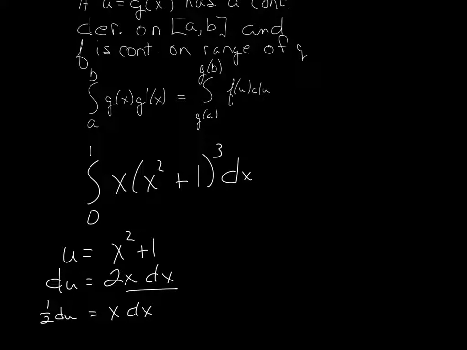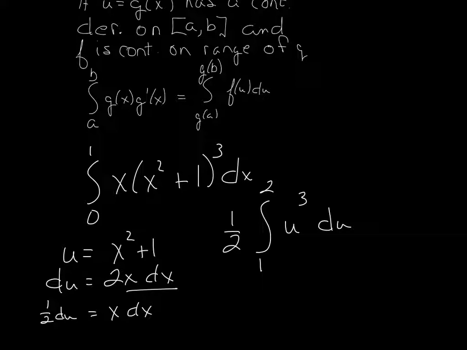So our integral we're going to have 1/2 u cubed du. And to make it a little bit easier, we can plug the bottom limit into what we said u was. If I plug in 0 into x squared plus 1, I get 1. That's my new lower limit. That way I don't have to substitute back in later. And if I plug a 1 in for x squared plus 1, we get 2.